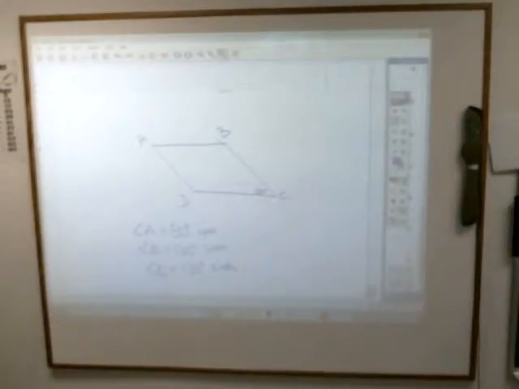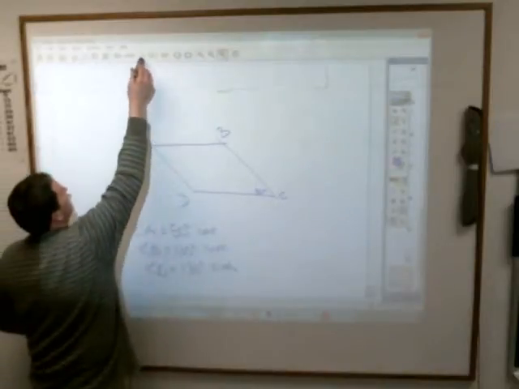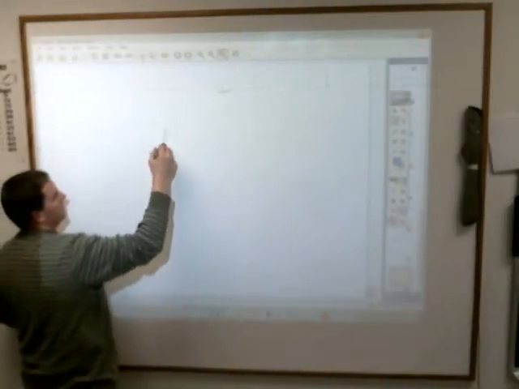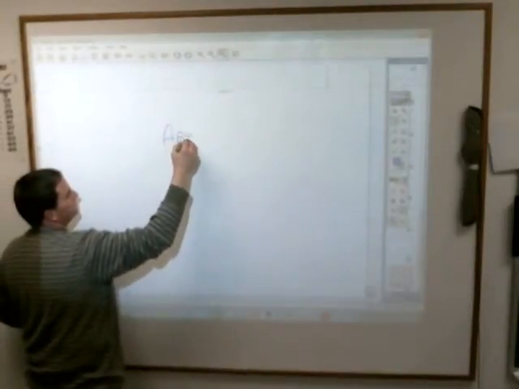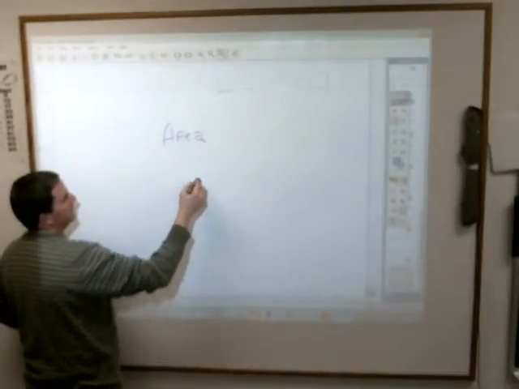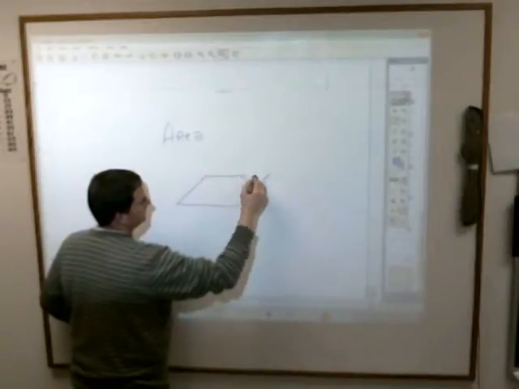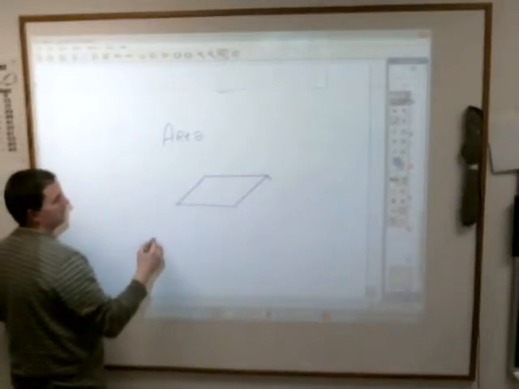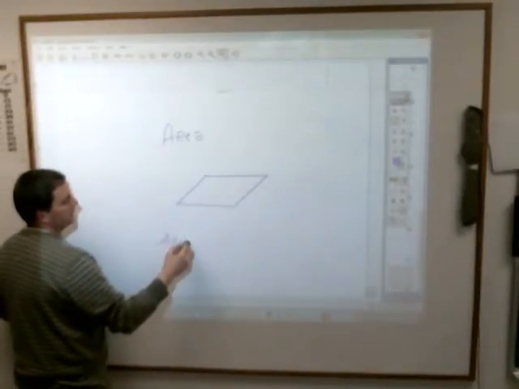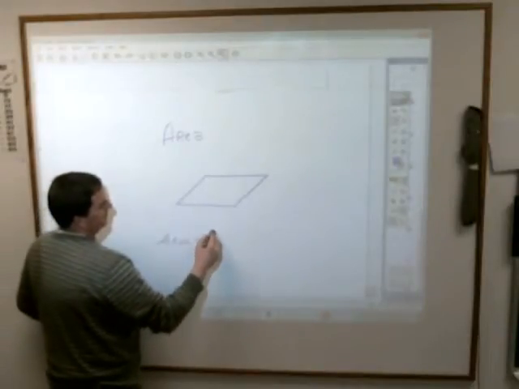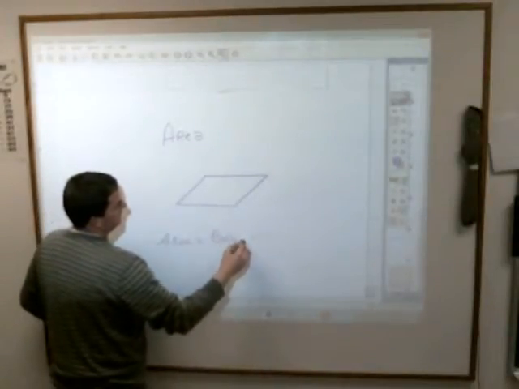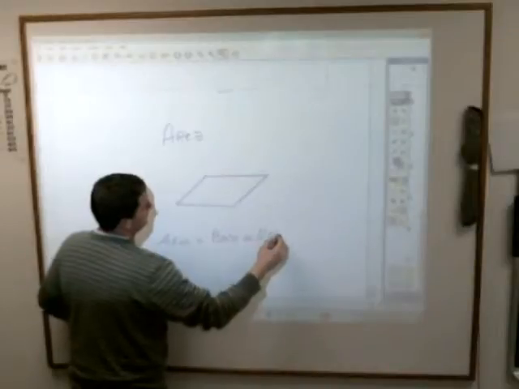Now, forging ahead, talking about parallelograms and their area. The formula for the area of a parallelogram is base times height.